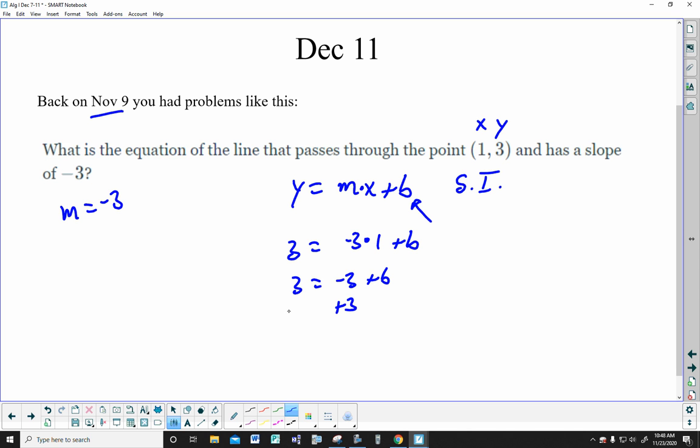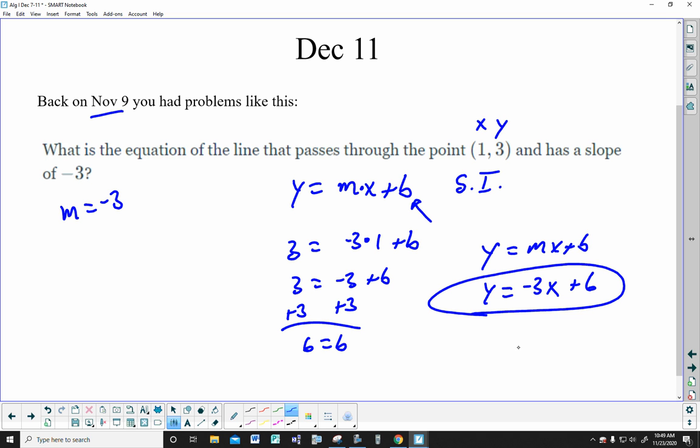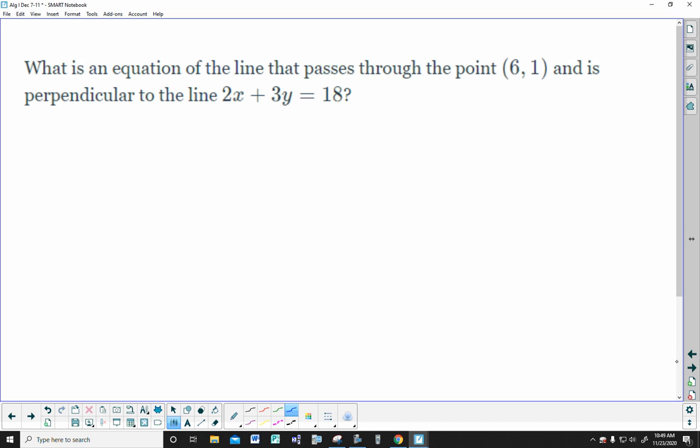Add the 3 to the other side, you're solving for b. 6 is equal to b. So your final answer is y is equal to, so I'm writing this format, y is equal to, your slope was -3, x, and you found b is 6. There's your answer.